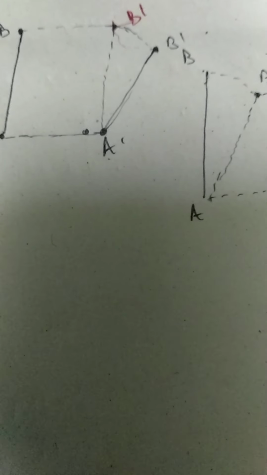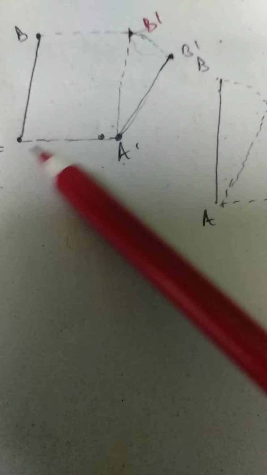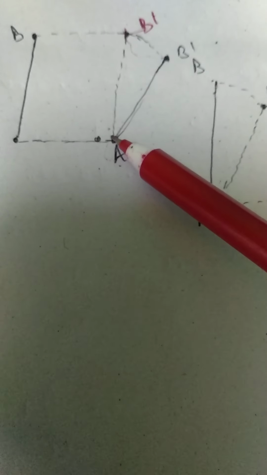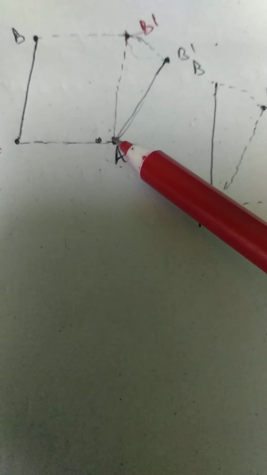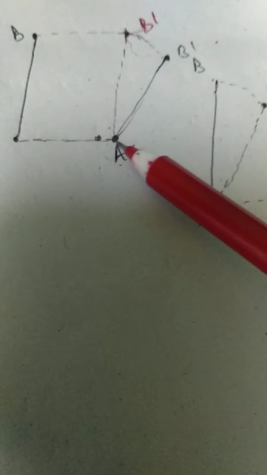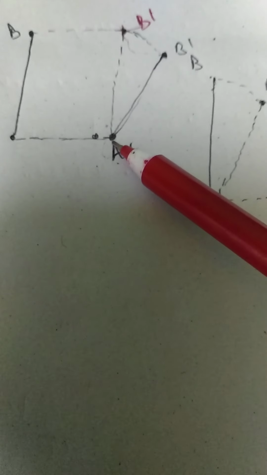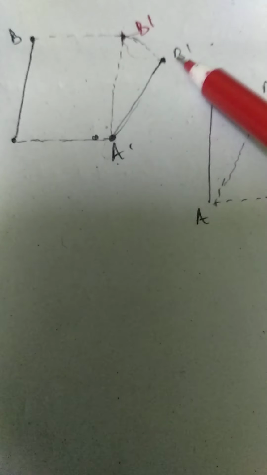So at first it has a motion of translation from this position to this position. Then there is a motion of rotation about this point A1 till it occupies this final position.